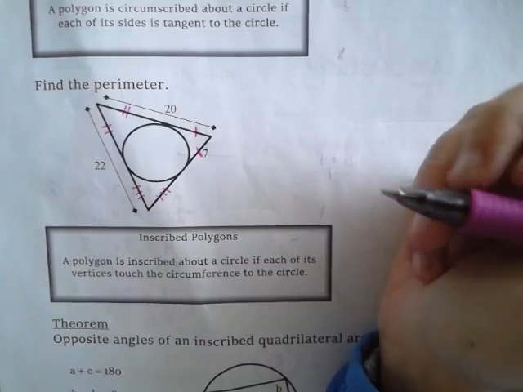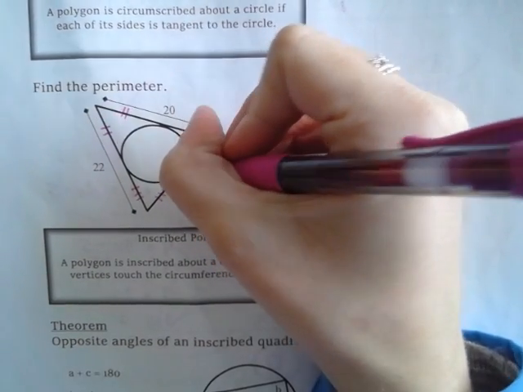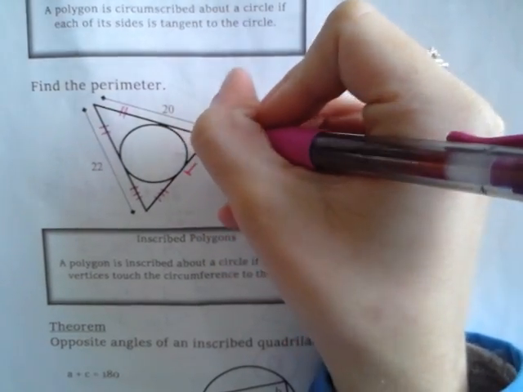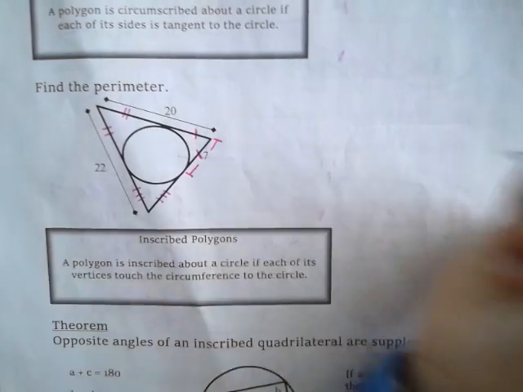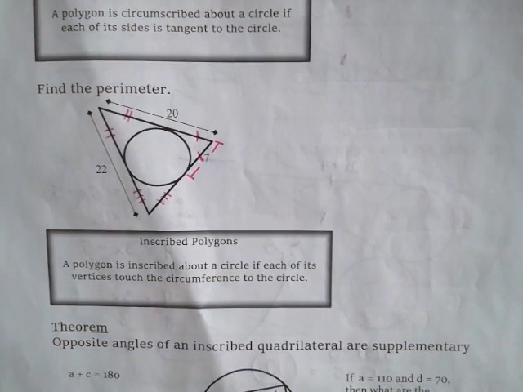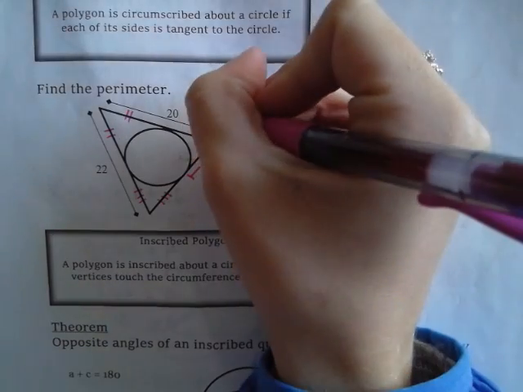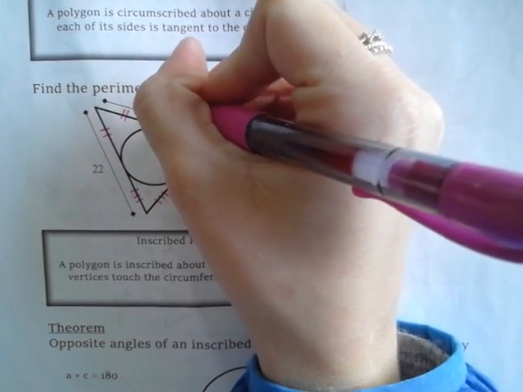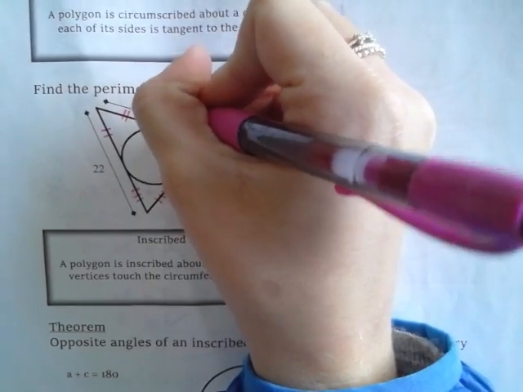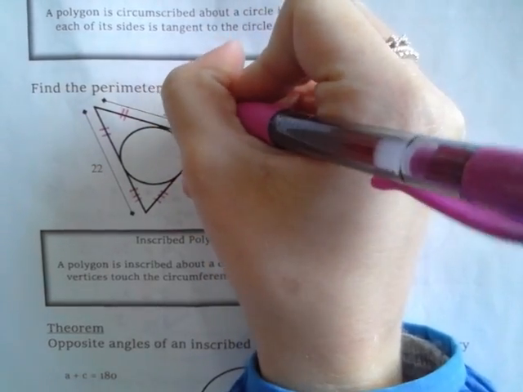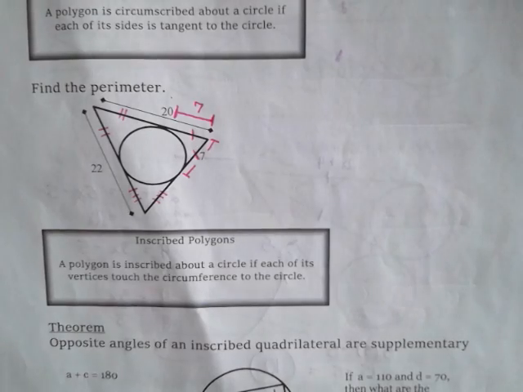As I work through these, first of all, I know that from this point to the edge of my triangle is 7. I can keep going with that 7 and say that from the edge of my triangle to where it touches the circle here is 7 units.